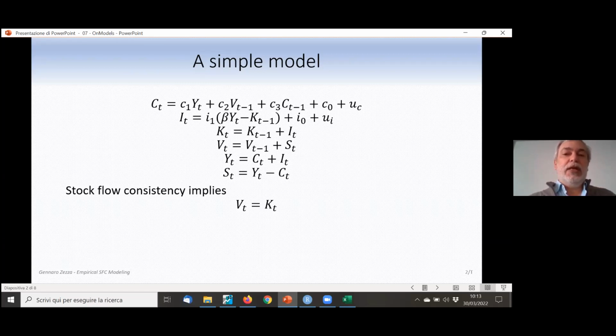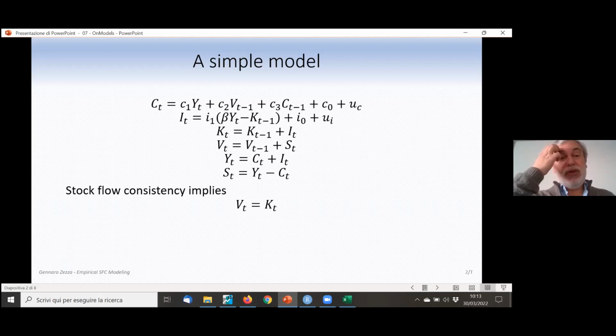So I'm using a very simple stock flow consistent model made only of the private sector with consumption and investment. And I have used two very simple equations for consumption and investment.